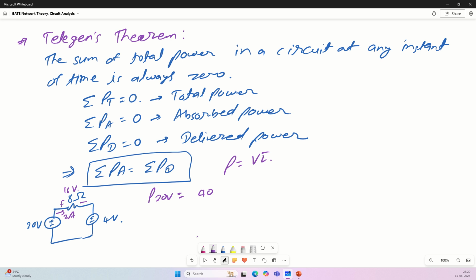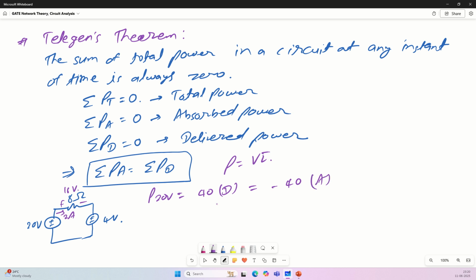And whether it is delivering or absorbing, since the current is entering into the negative terminal, it means it will be delivering. So all the delivering power, I will write it down. So it can also be written as minus 40 watt absorbing.